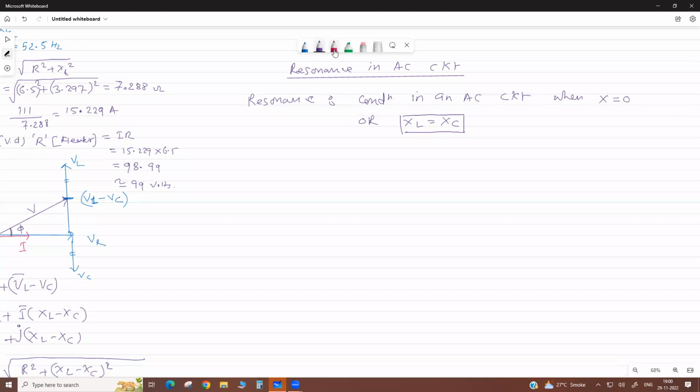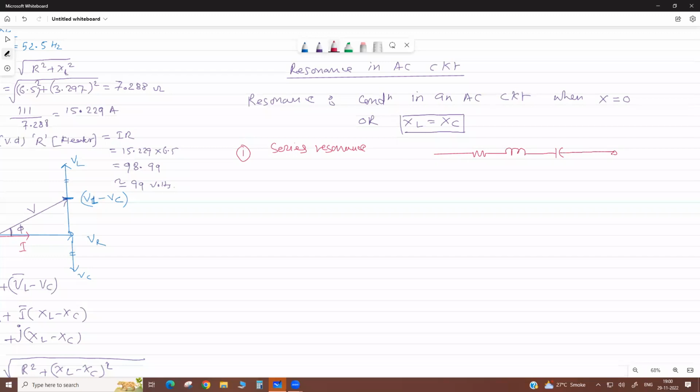So first, we consider the resonance condition in a series RLC circuit. We consider an R L C series circuit.